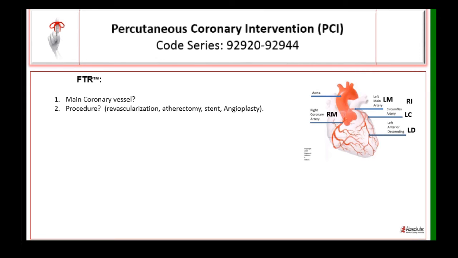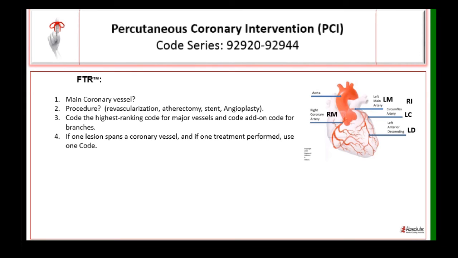Revascularization, atherectomy, stent, or angioplasty? Code the highest ranking code for major vessels and add-on code for the branches. If one lesion spans a coronary vessel and if one treatment performed, use one code. Use two codes for bifurcation. Bifurcation means two lesions and two treatments.